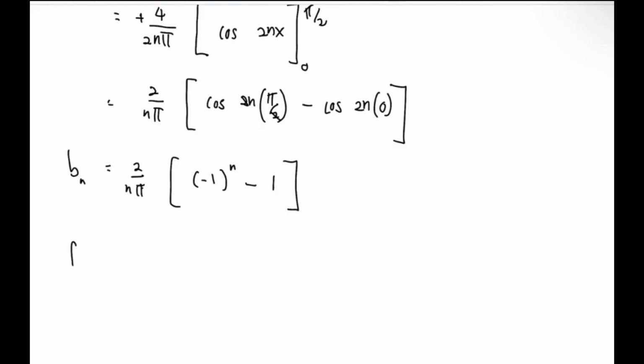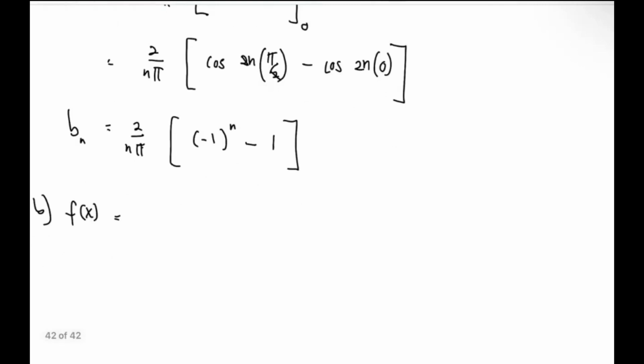So, let's rewrite our Fourier series. Write the Fourier series: f(x) has no a0, since a0 is 0.